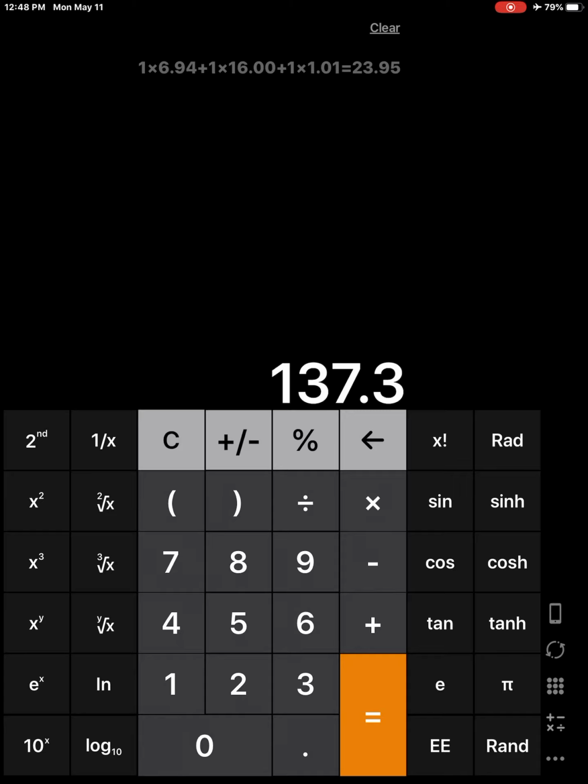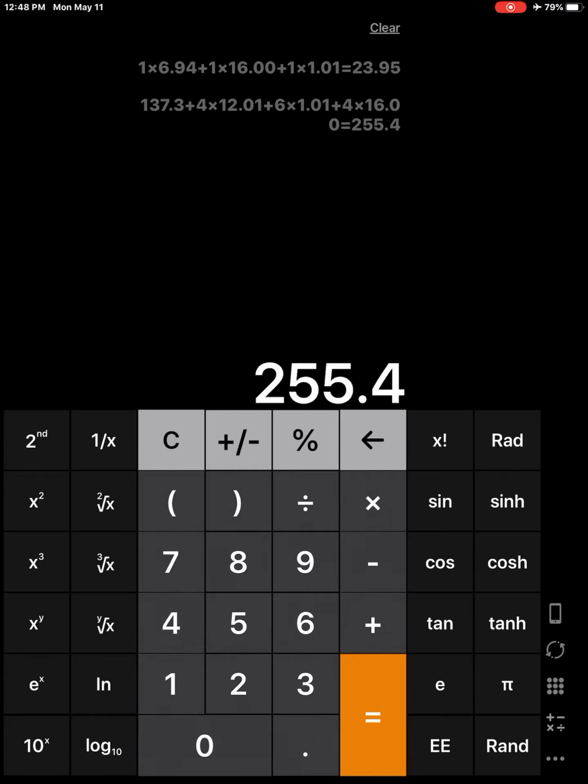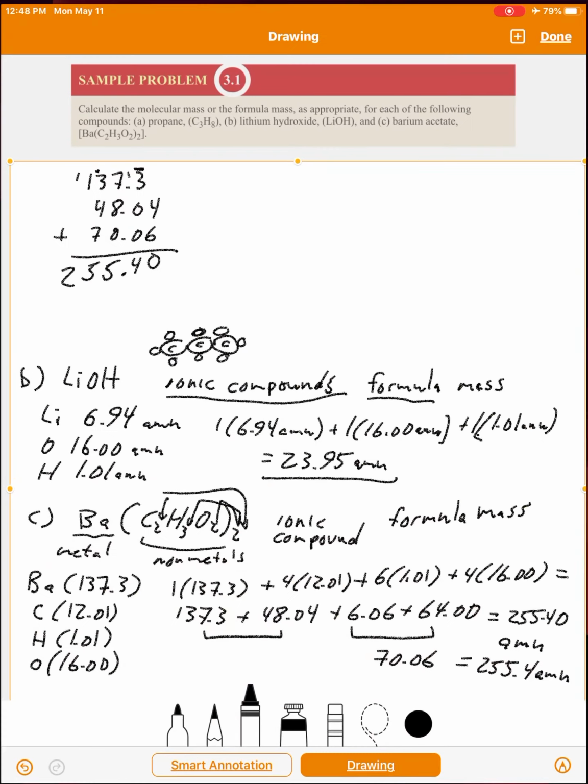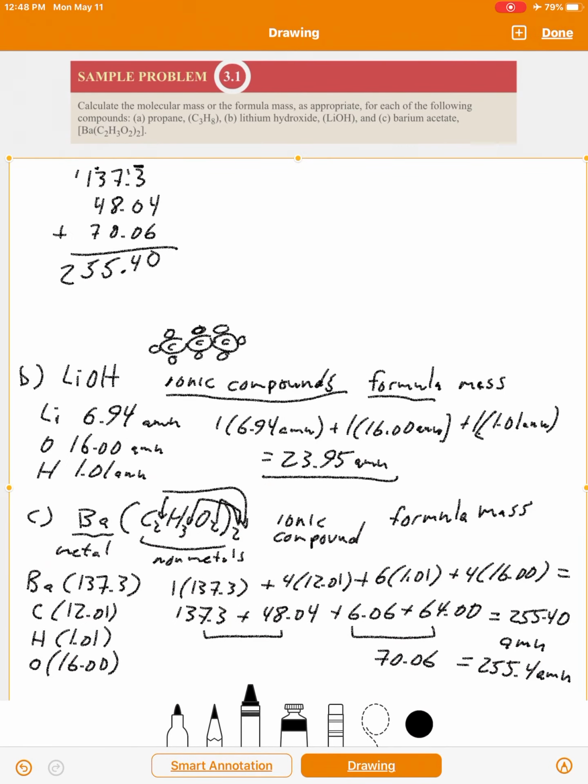See how it's easy to make mistakes, right? Plus 4 times 12.01 plus 6 times 1.01 plus 4 times 16.00. 255.4. So it seems to check out right there, 255.4. Okay, so looks like we got that one done right there.